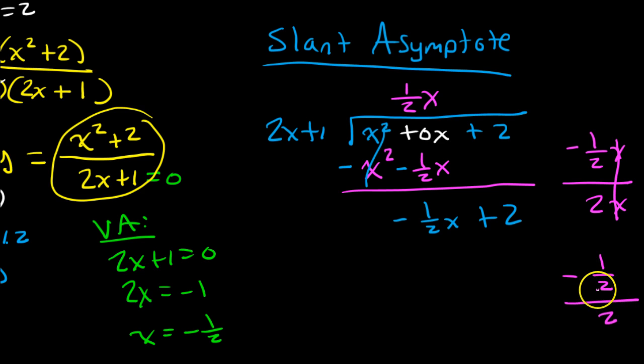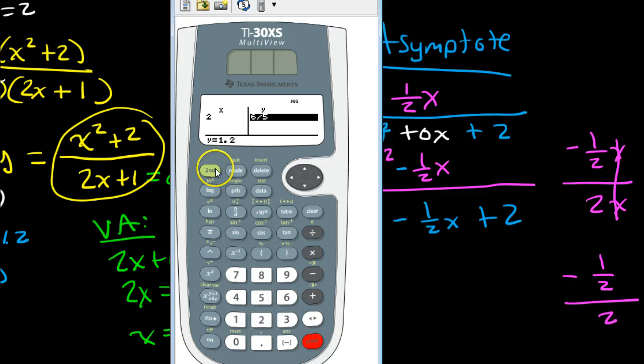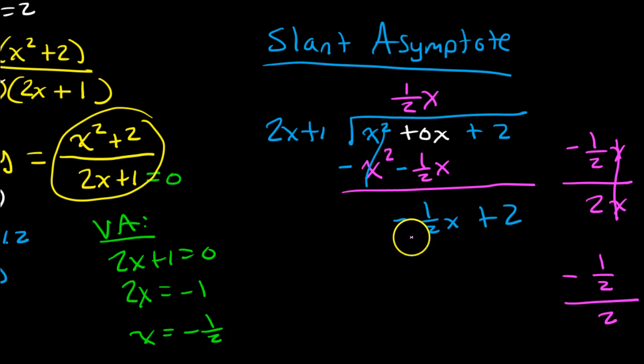I know that this is going to be negative 1/4. But if you weren't sure, you could use your calculator. So you could do negative 1/2 divided by 2. That's going to be negative 1/4. Okay, so that's going to give me negative 1/4 up here.